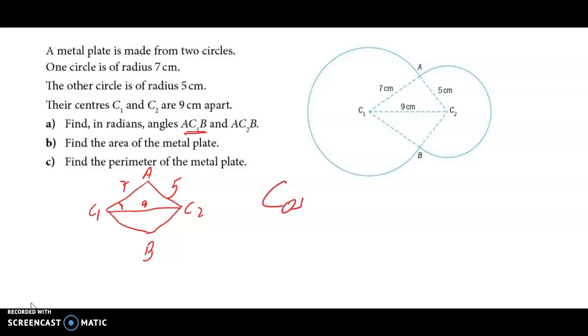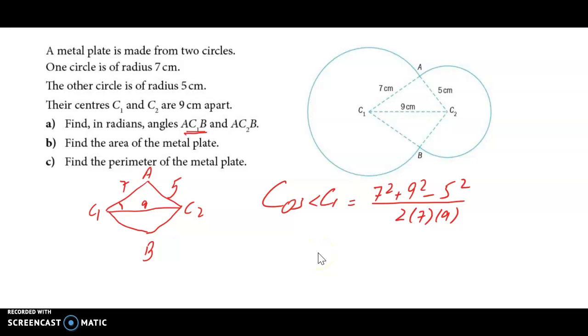So cos of angle C1 is equal to 7 squared plus 9 squared minus 5 squared over 2 times 7 times 9.